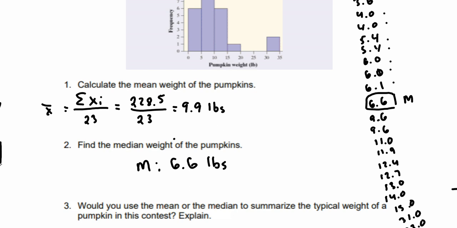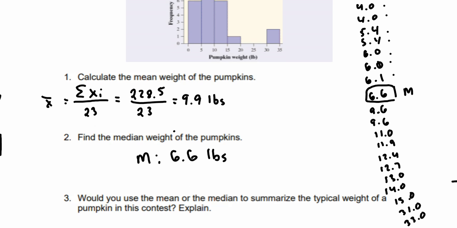Now, the next thing it asks is, would you use the mean or median to summarize the typical weight of a pumpkin in this contest? Because it appears that this data is skewed to the right, we are going to use a median.